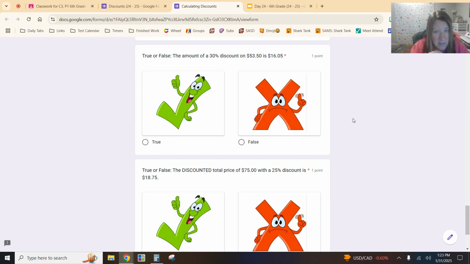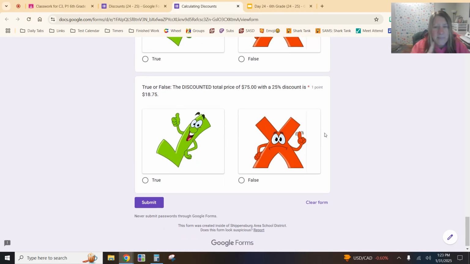To figure that out, take the $53.50 and multiply it by 30%. Is that answer $16.05 or is it not $16.05? This one is a little bit tricky, just warning you. So giving you the answer, should get it correct.